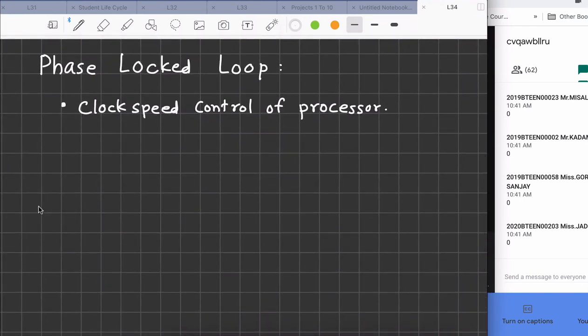Of course there are numerous applications. I am just picking up one application with which we are familiar.